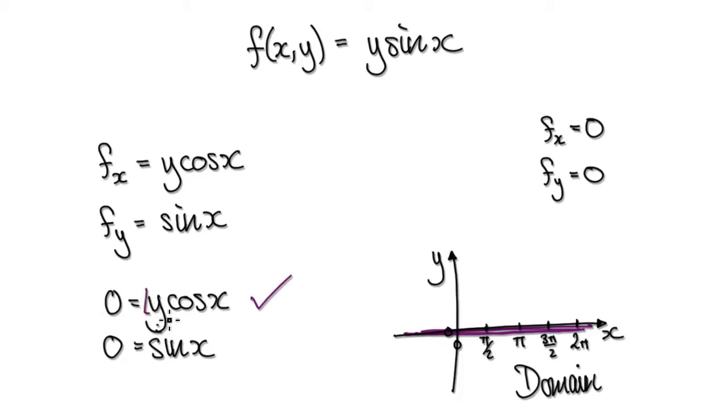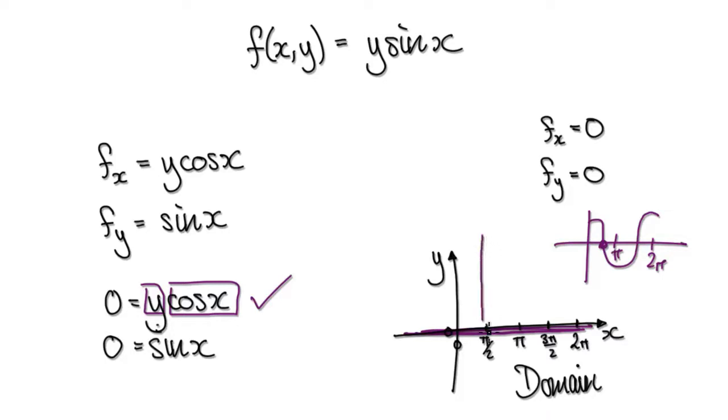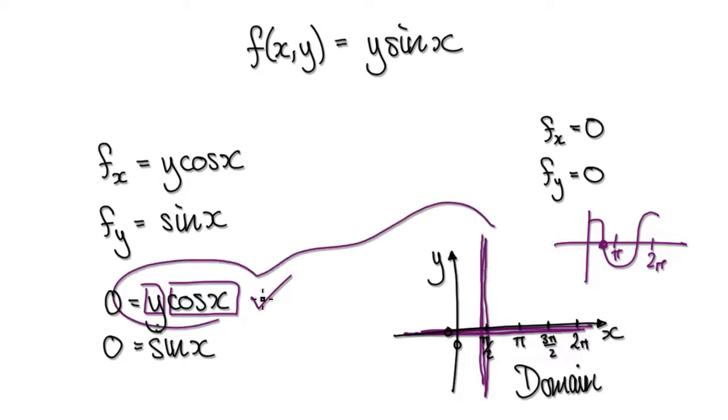And then if you look at this component, cos of x equals 0 at pi over 2, so anything on this vertical line will imply that this whole thing is 0, and also at 3 pi over 2.